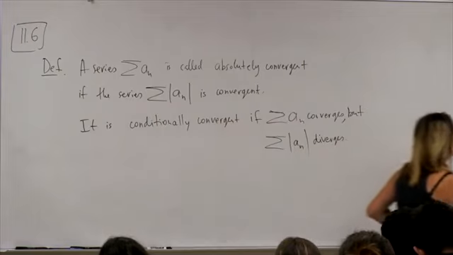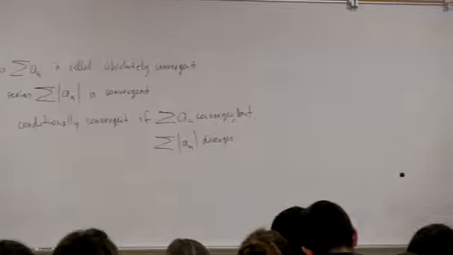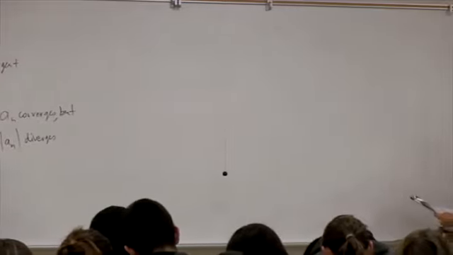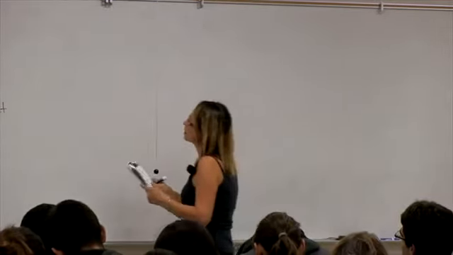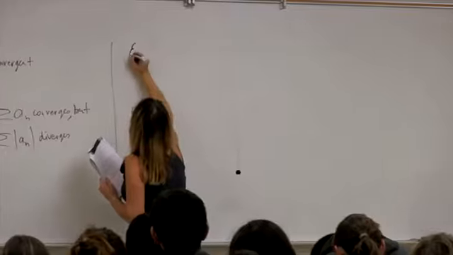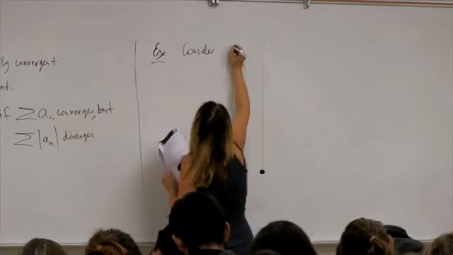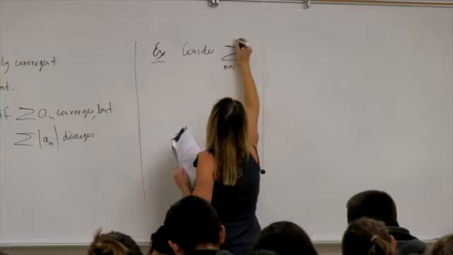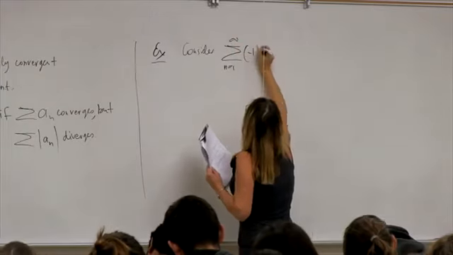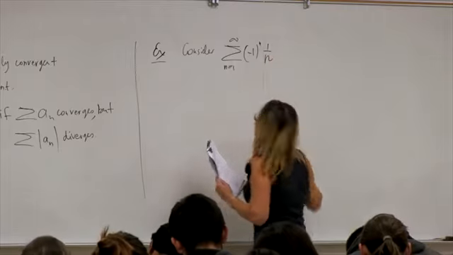So what are we talking about here? We could have, let's do an example, okay? Let's consider the series of (-1)^n times 1 over n.